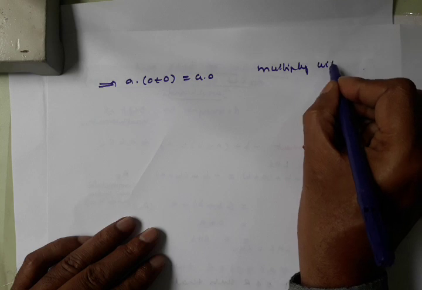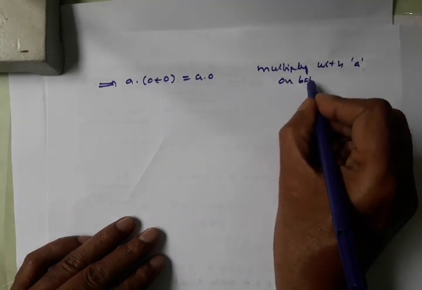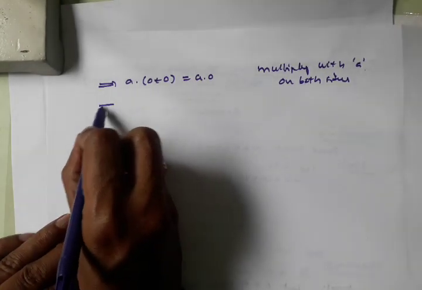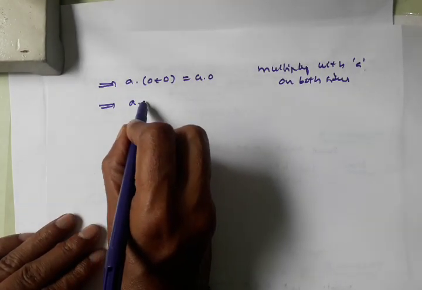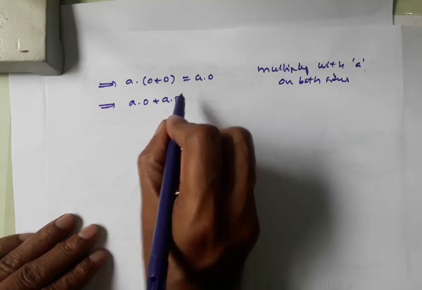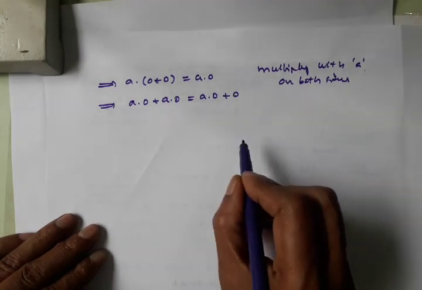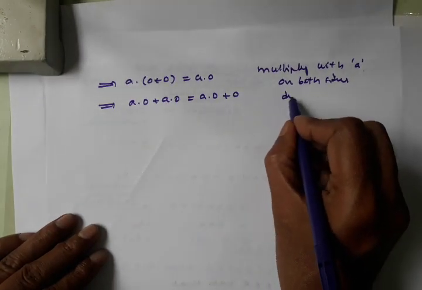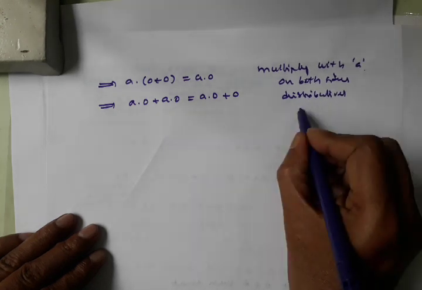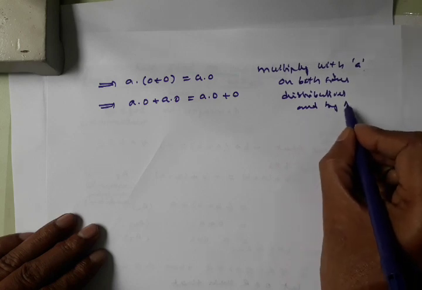Implies by distributive law, a into 0 plus a into 0 is equal to a into 0 plus 0. This is distributive in LHS and by A3.